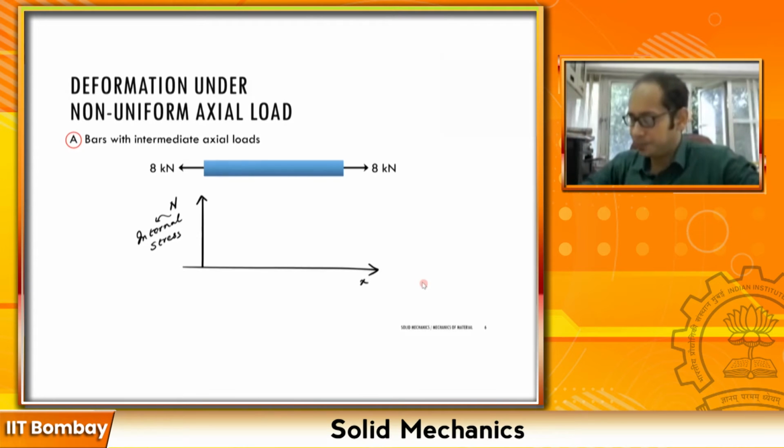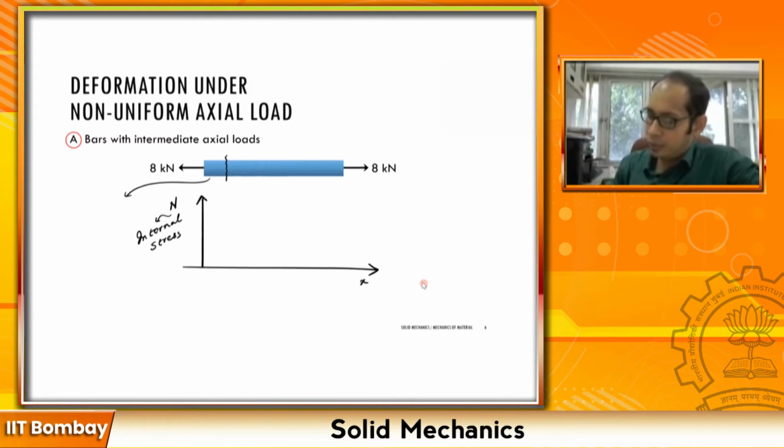As we had seen, in this bar, if I take a section over here and draw the free body diagram of this section, I have a load of 8 here. Correspondingly, at the other place where I am cutting this section, I must have 8 kilonewton at that section as well, right?